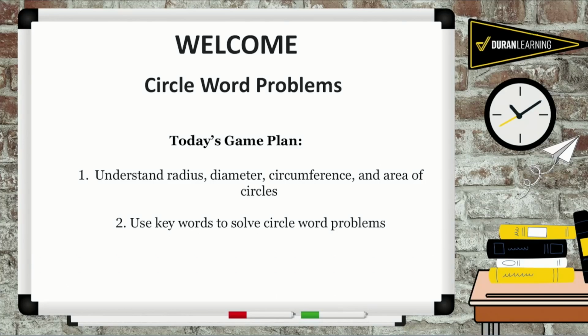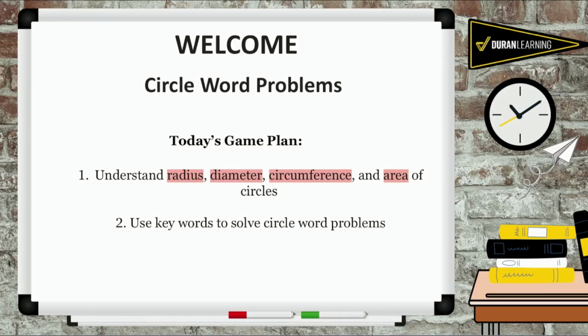But the one thing that we have to understand is when it comes to geometry word problems, specifically circle word problems, you have a huge advantage because there are specific keywords and terminologies that have to be used. So we're going to be understanding how this really comes together when it comes to radius, diameter, circumference, and the areas of circles.